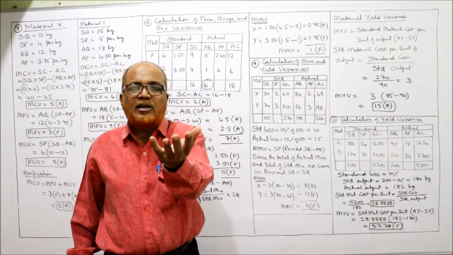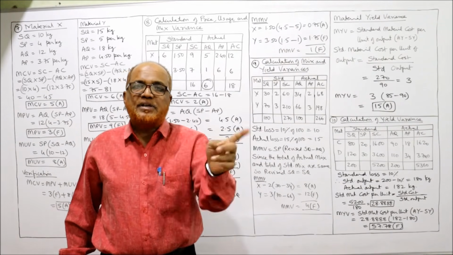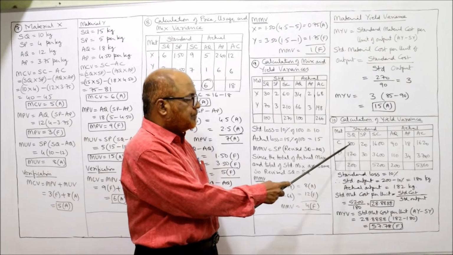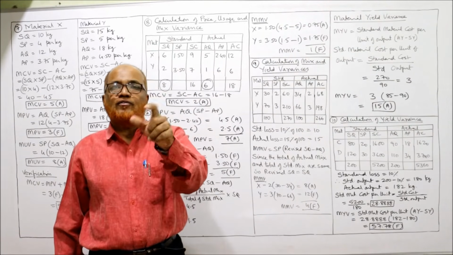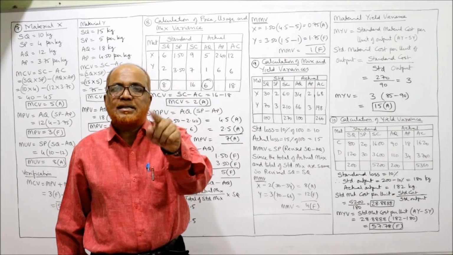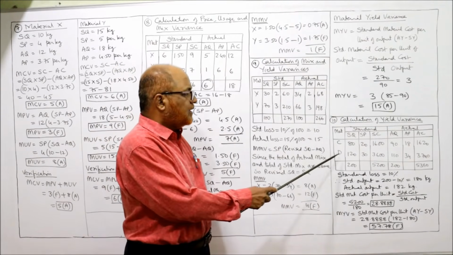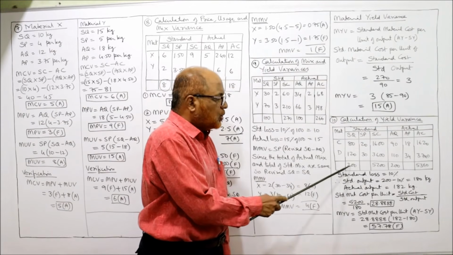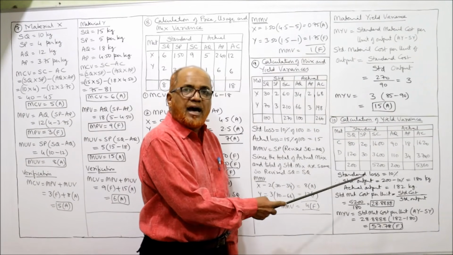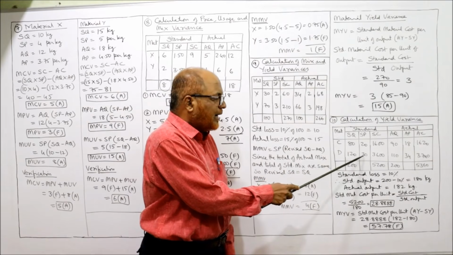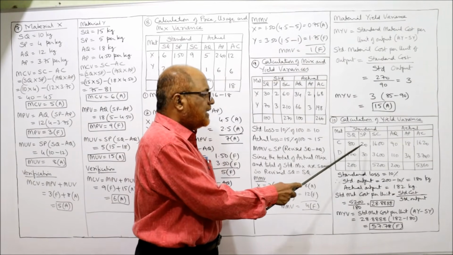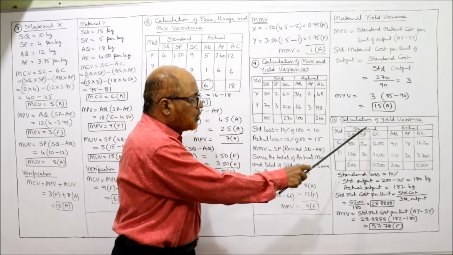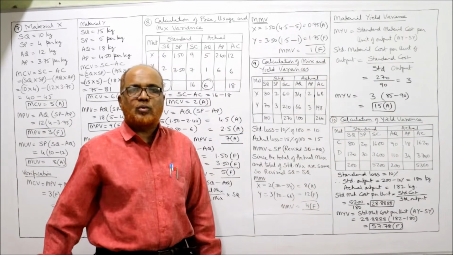Of that 200 kilograms, 40% should be C. So 40% of 200 is 80. 60% of 200 is 120. So total 200. Right? And standard price is given in the problem, 20 and 30. Now multiply 80 into 20, 1600, 120 into 30, 3600. Total of standard cost is 5200.